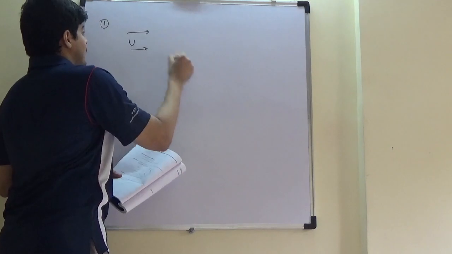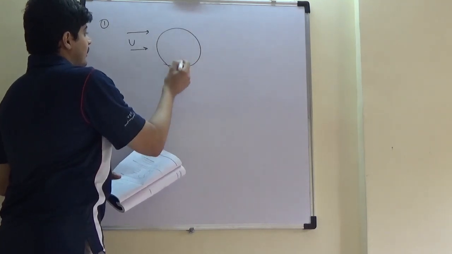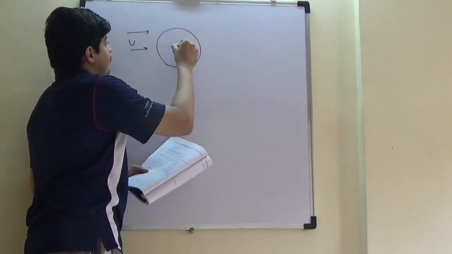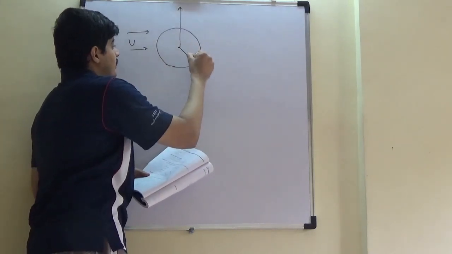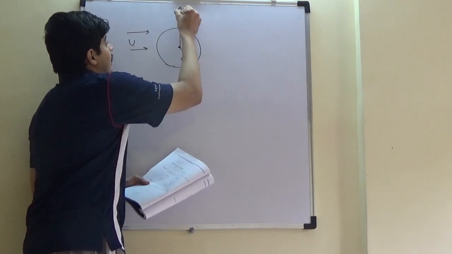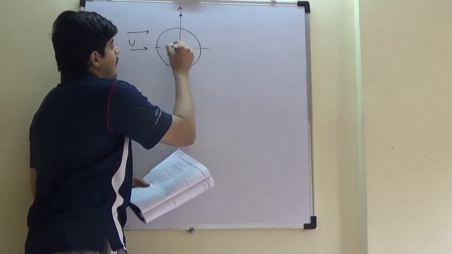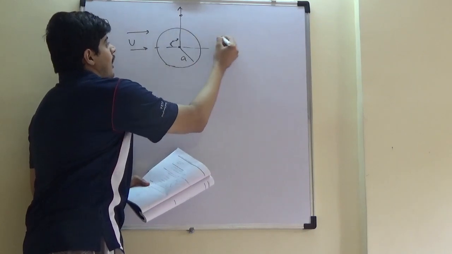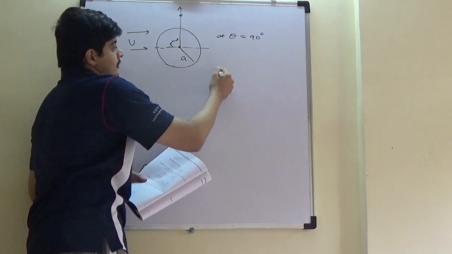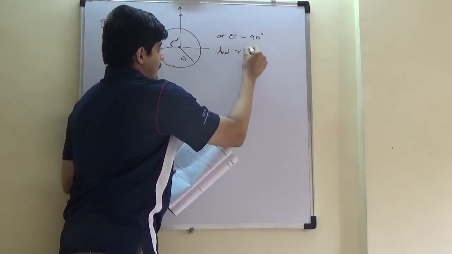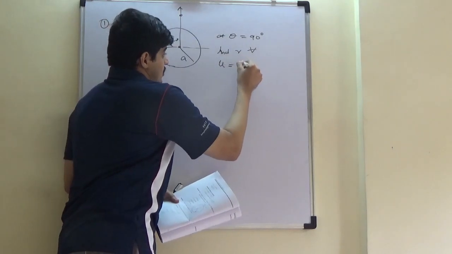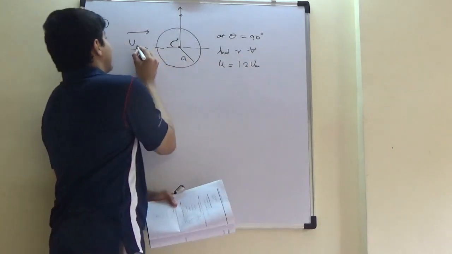We have a setup where there is a cylinder and a free stream velocity u infinity. The radius of the cylinder is a, and at theta equal to 90 degrees on this coordinate, find r such that u is 1.2 u infinity.